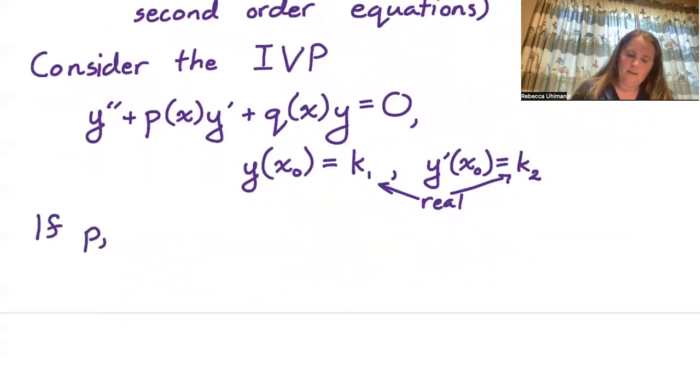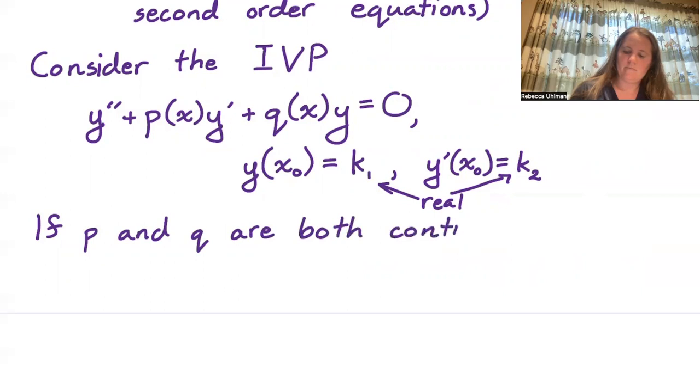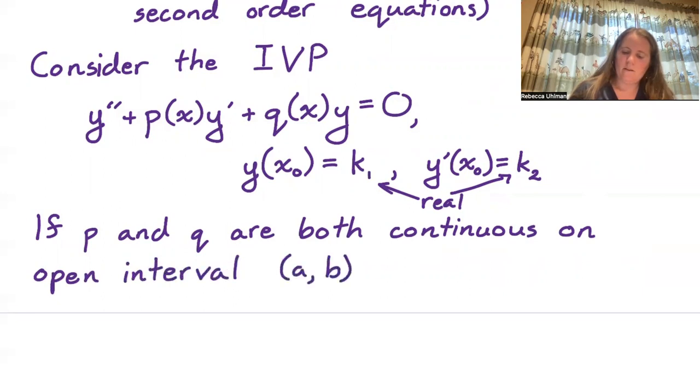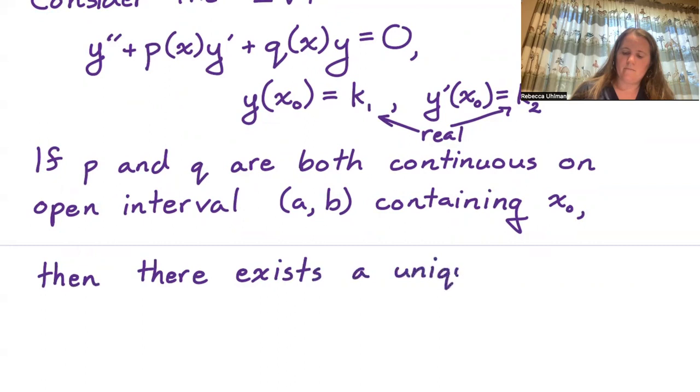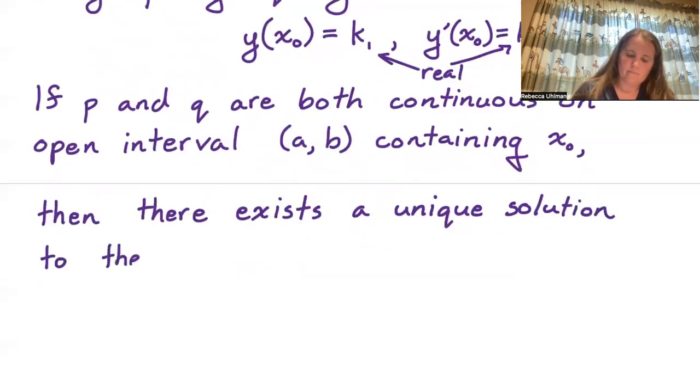If p and q are both continuous on open interval AB containing x naught, then there exists a unique solution to the IVP on interval AB.